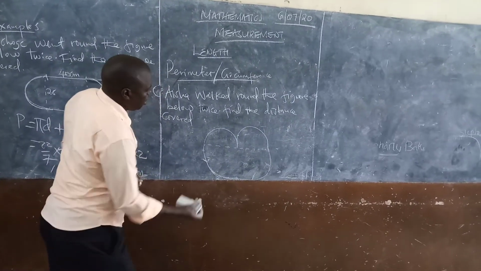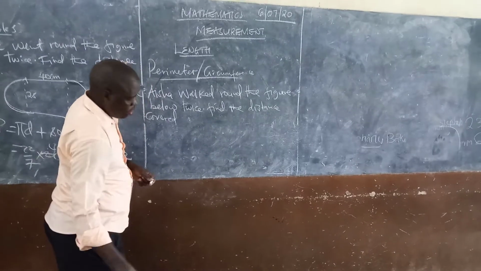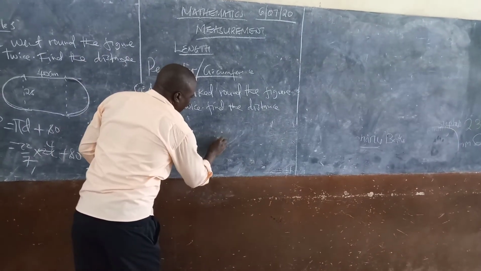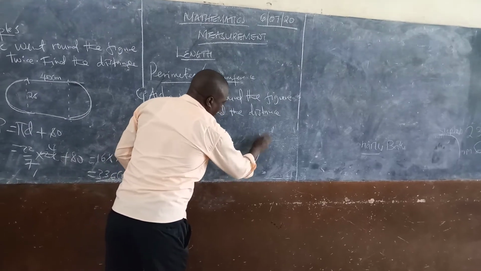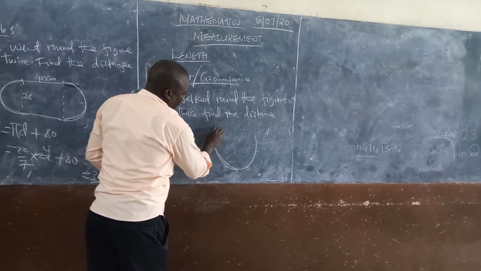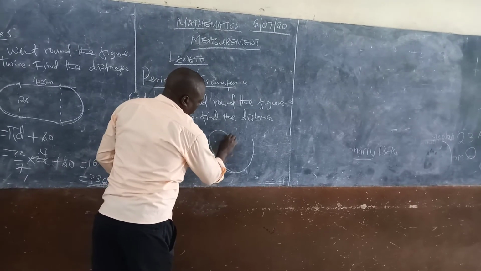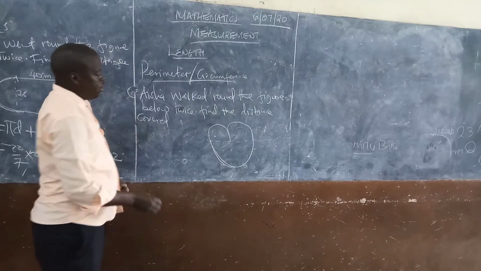Let me sketch it well. Something like this. Something like that. Then we have now this and this. So that is our figure.